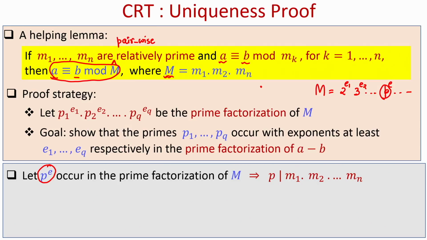Now, since p is occurring with power e in the prime power factorization of m, I can definitely say that p divides the product of m1 to mn, right, because m involves a prime power of the form p power e in its prime power factorization. That means, p has to divide the product of m1 to mn, which is nothing but m.